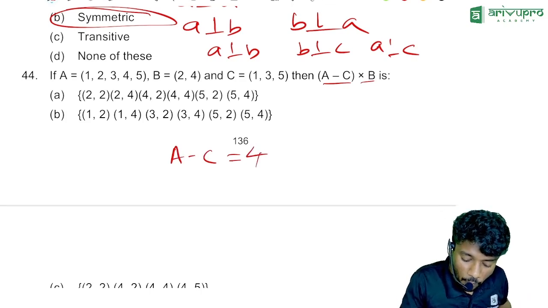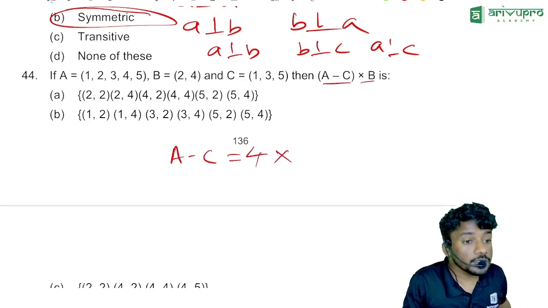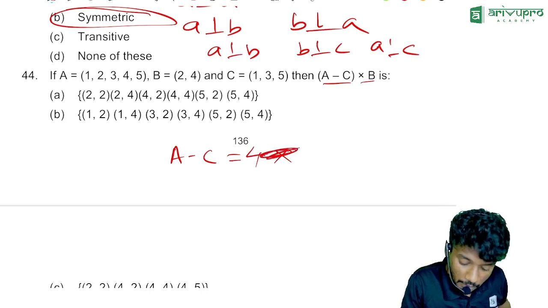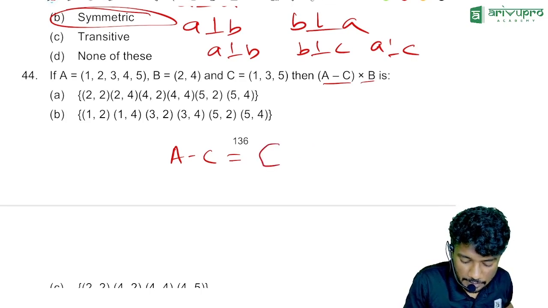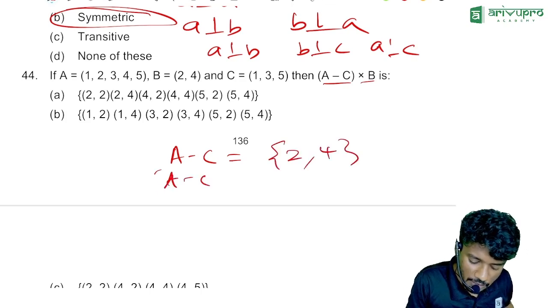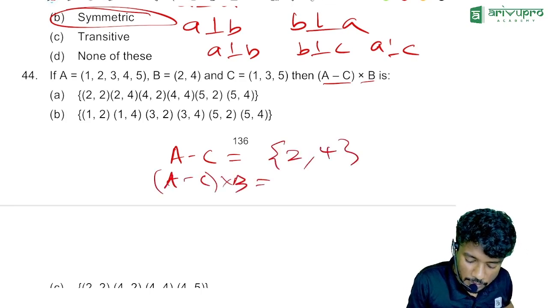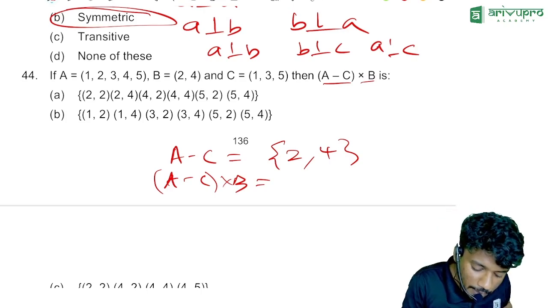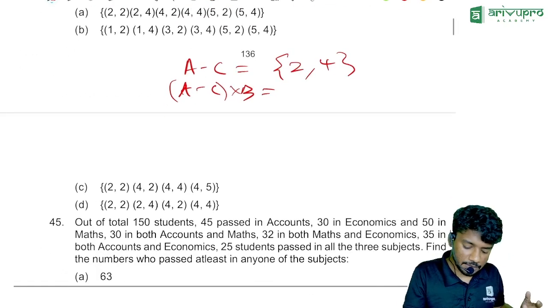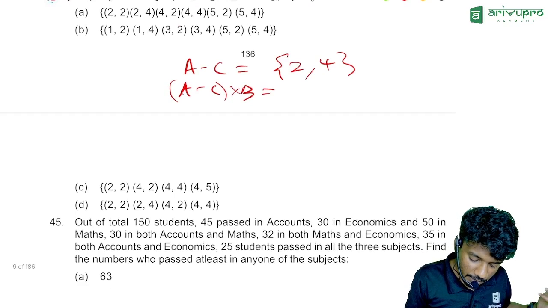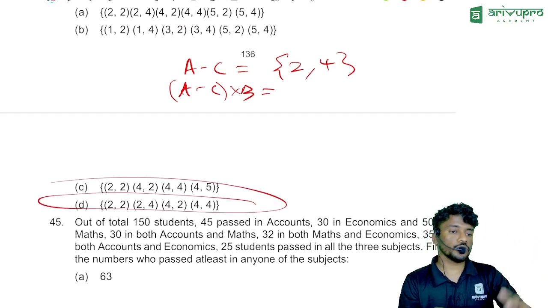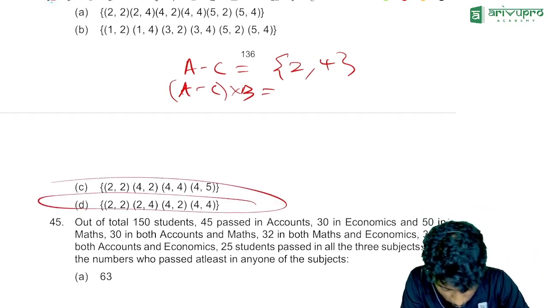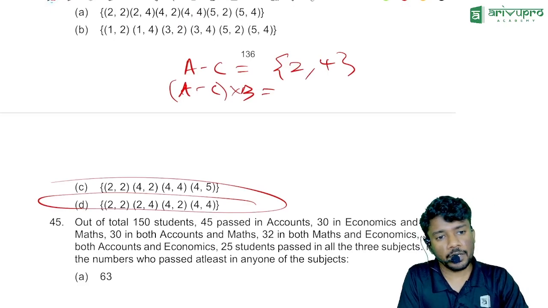Then 4 into how much? 2 comma 4. Now A minus C into B is how much? 2 comma 4 into 2 comma 4. What is the answer? Option? Yes. 2 comma 2, 2 comma 4, 4 comma 2, 4 comma 4.